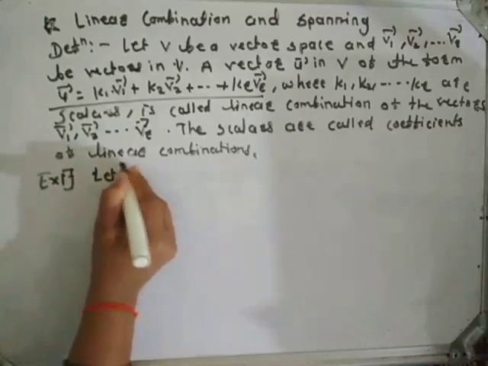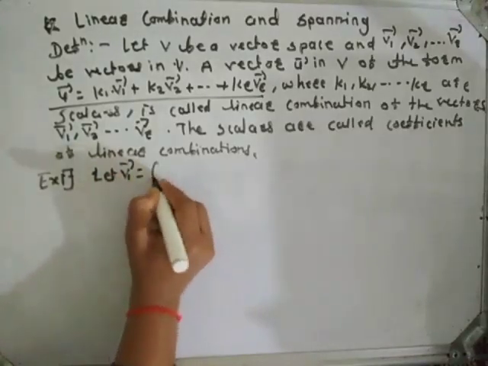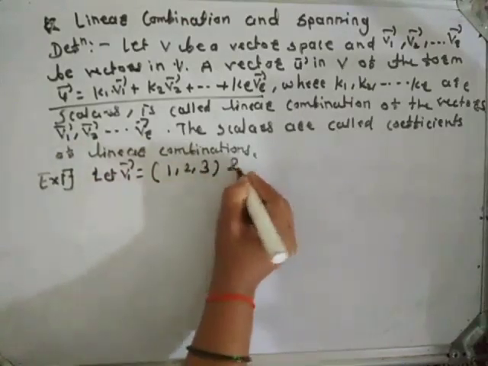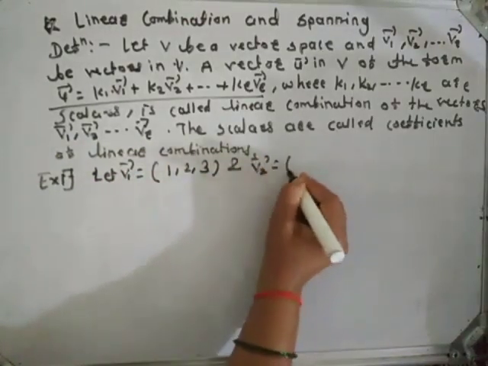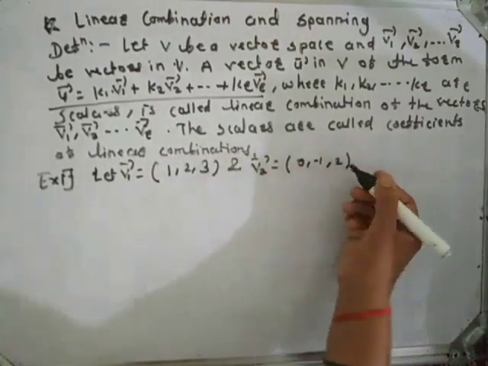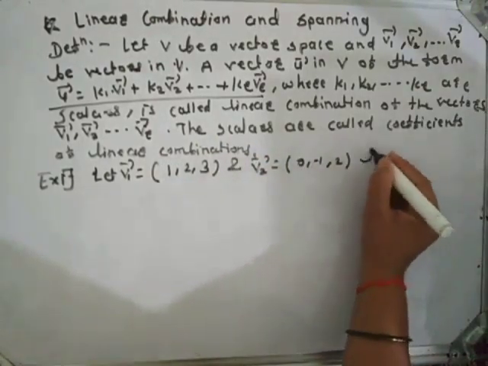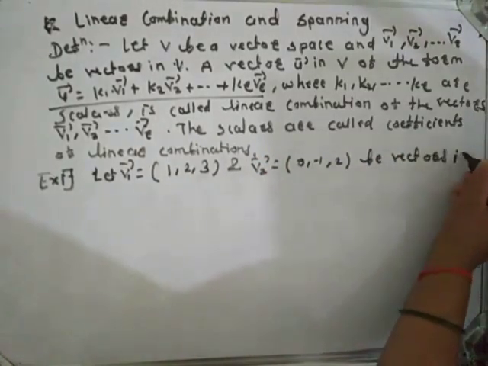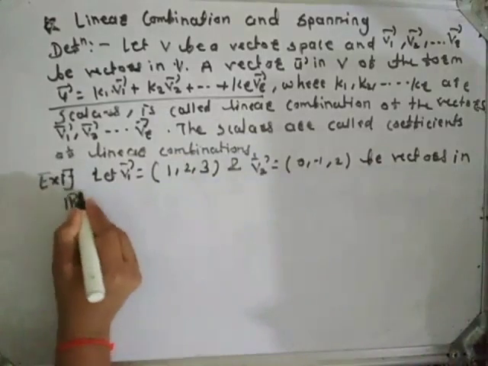Example 1. Let V1 bar is equal to the triplet 1, 2, 3 and V2 bar is equal to the triplet 0, -1, 2 be vectors in R3.